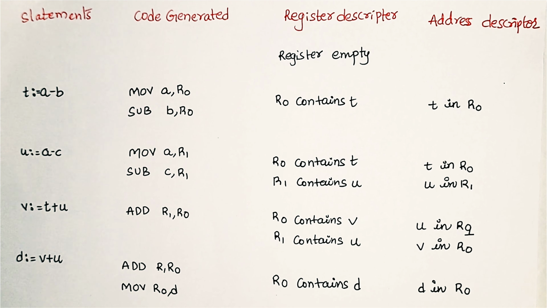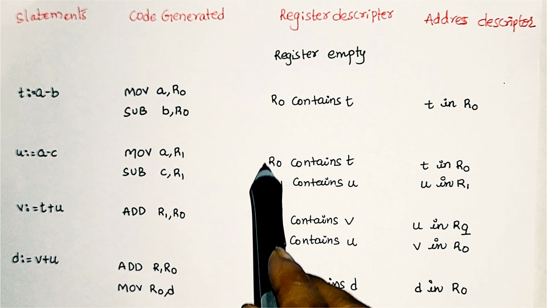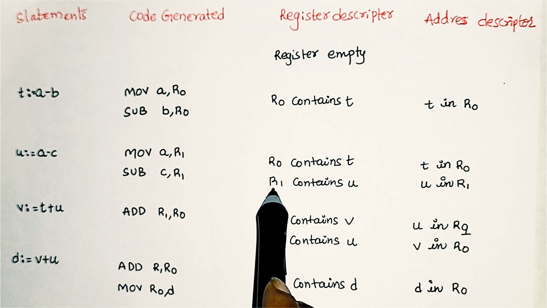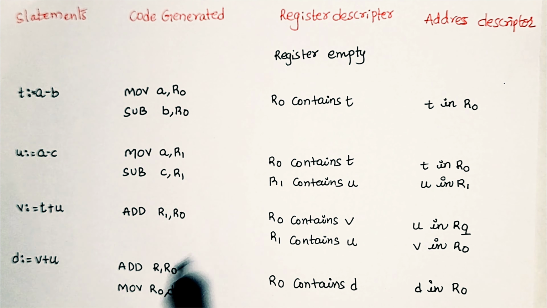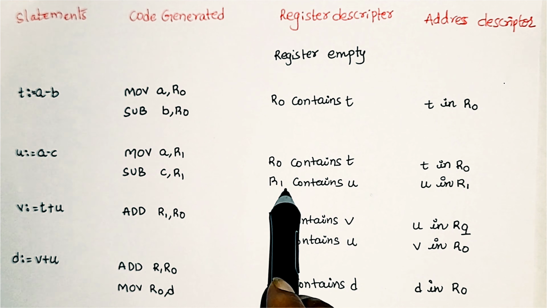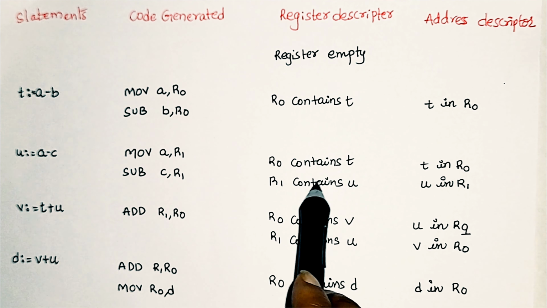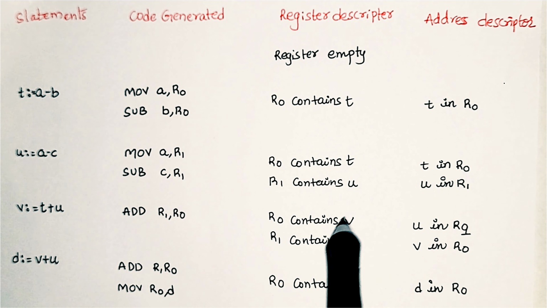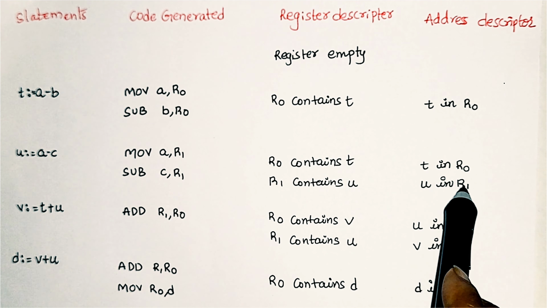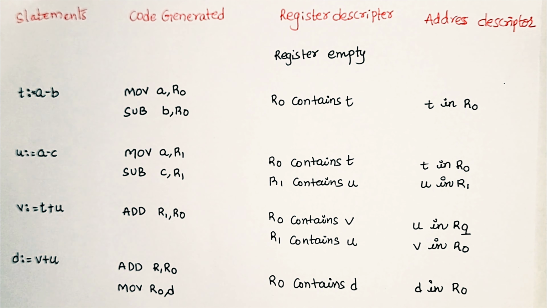So r0 contains t, yes, already r0 contains t. Then r1 contains u, because the result is stored at u. That's why in the register descriptor r1 contains u, and in the address descriptor u is in r1, friends.